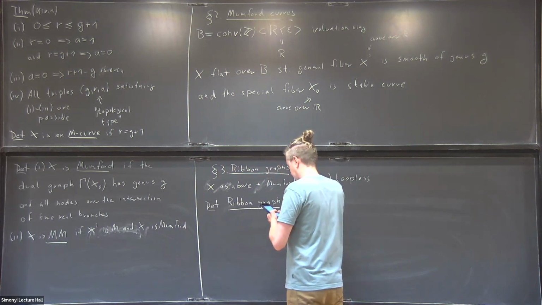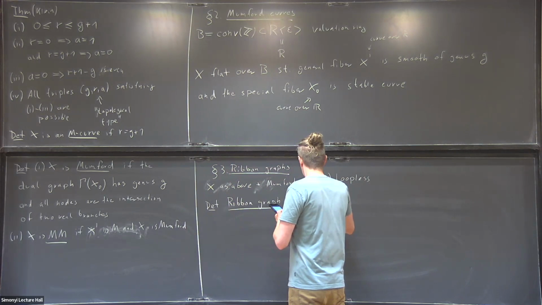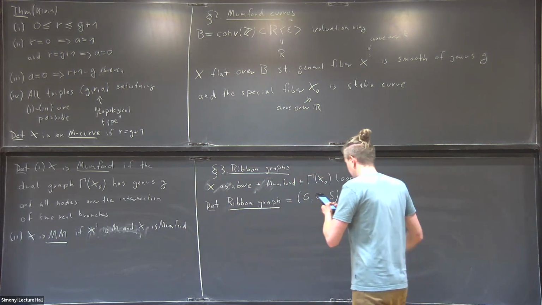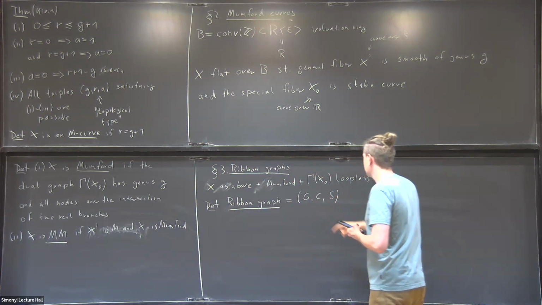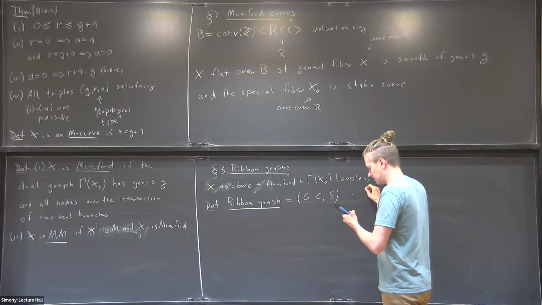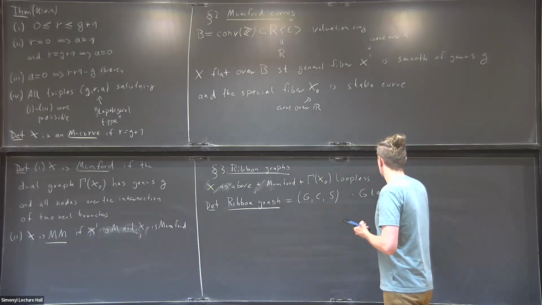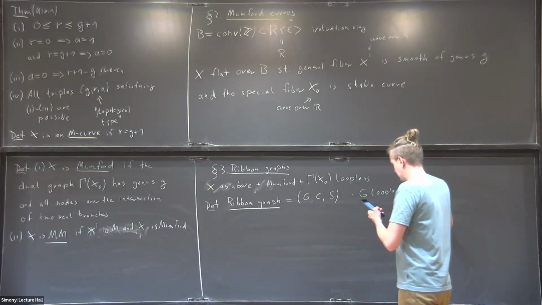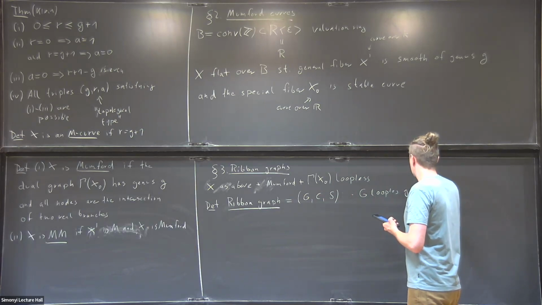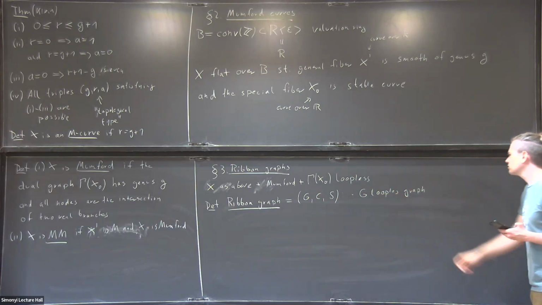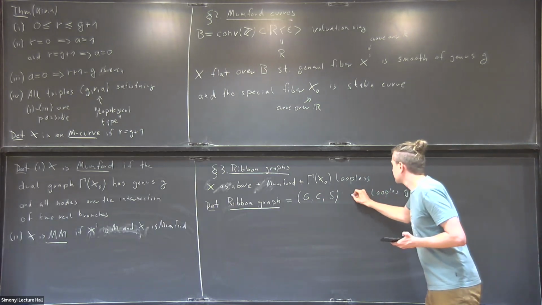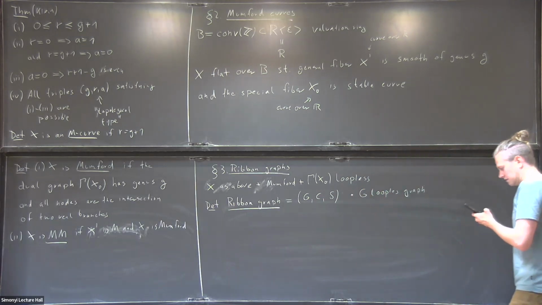A ribbon graph consists of three types of data: a triple (G, c, ...), where for now G is a loopless graph.